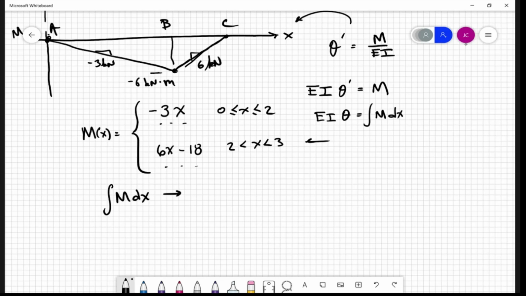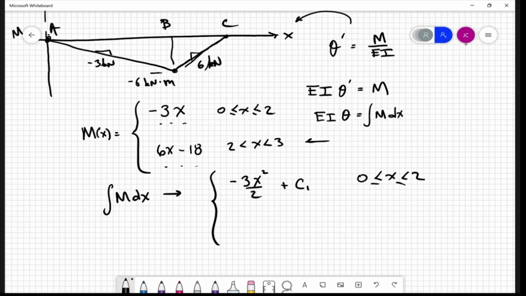That's going to give us -3x squared over 2, plus an integration constant, all right? And likewise for the second bit, now that's going to be from 0 to 2.